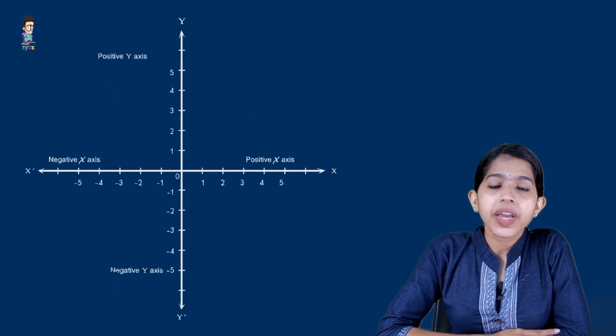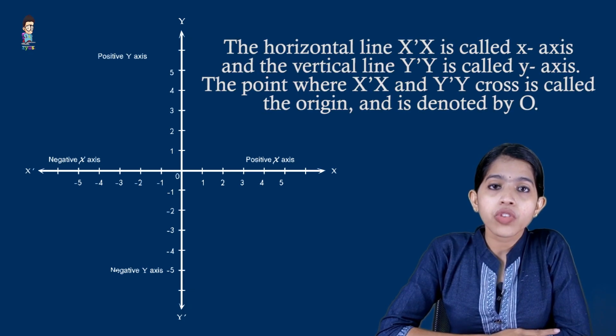Now, combine them together intersecting at the point O, where the horizontal line is known as the x-axis, denoted by X'X, and the vertical line, denoted by Y'Y, is known as the y-axis.